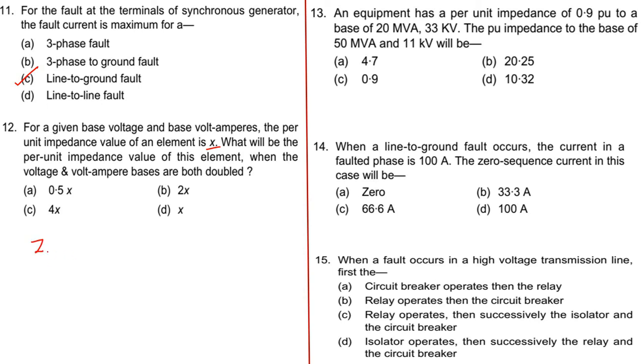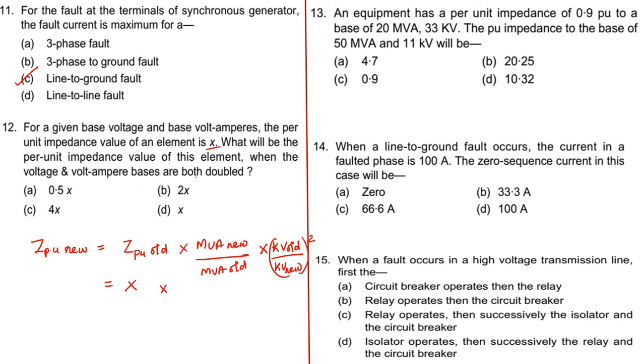The formula is Z per unit new equals Z per unit old into MVA new divided by MVA old into kV old divided by kV new, the whole square. So Z per unit old is X.